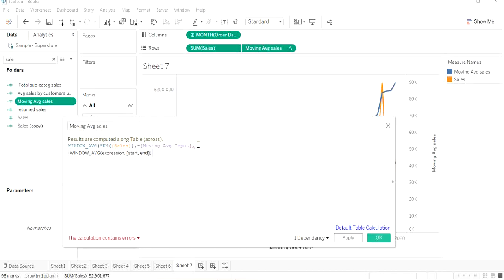Whatever value the user puts into the parameter will give the number of points it has to go in the reverse direction.